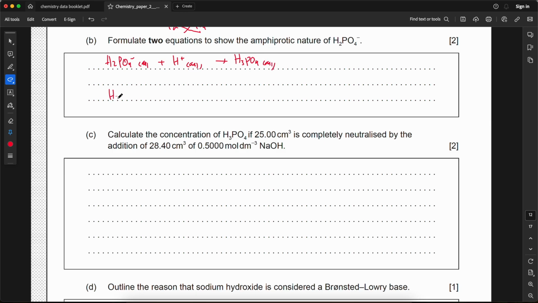And H2PO4 minus as the acid will react with OH minus, and form HPO4 2 minus and H2O liquid.